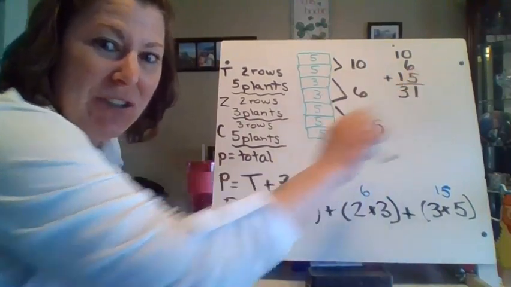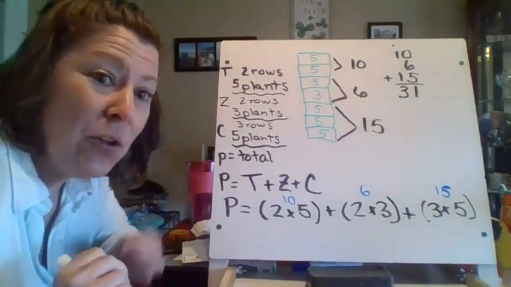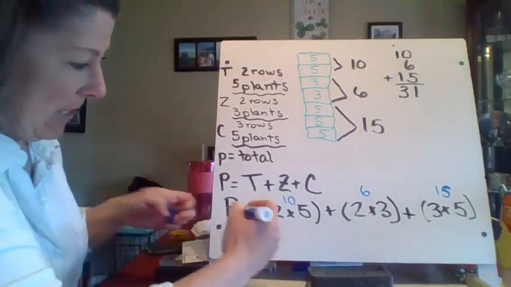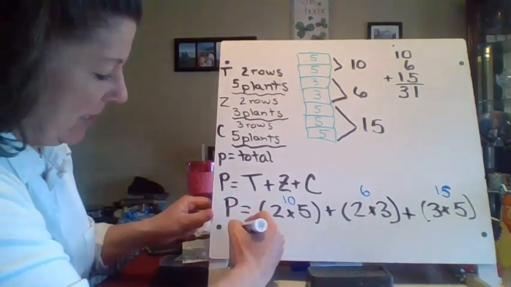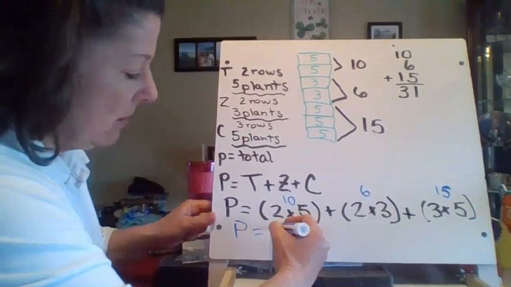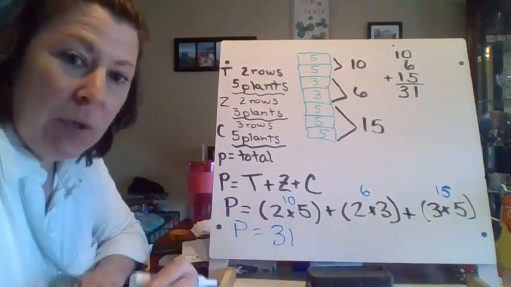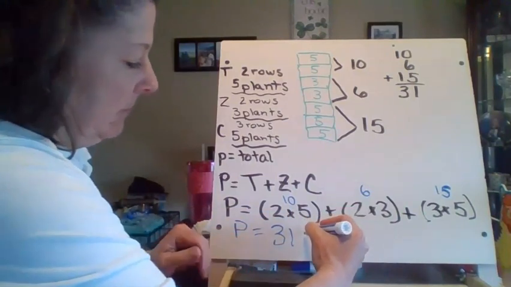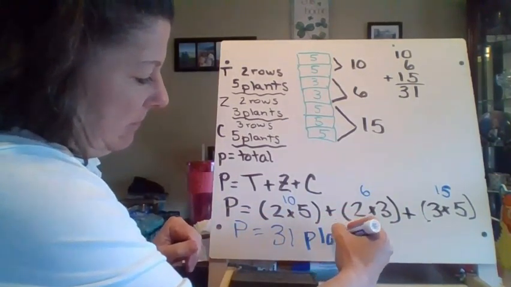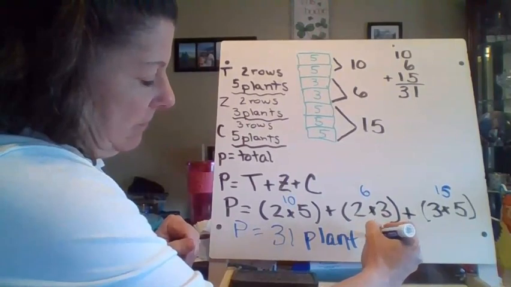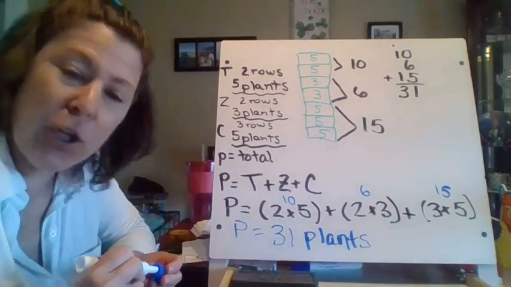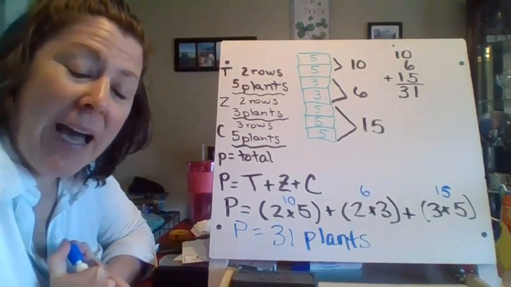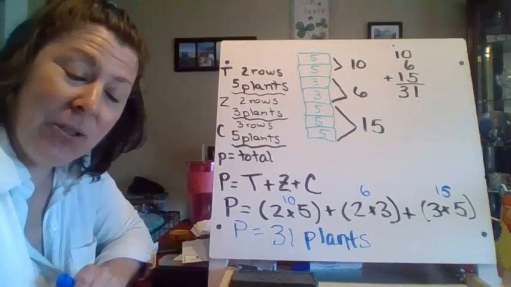Probably just easier to do this, but remember, if they're asking us for an equation, we have to give them an equation. So I still end up with P equals 31. What are there 31 of? There are 31 plants. So have a great day, and I will see you tomorrow.